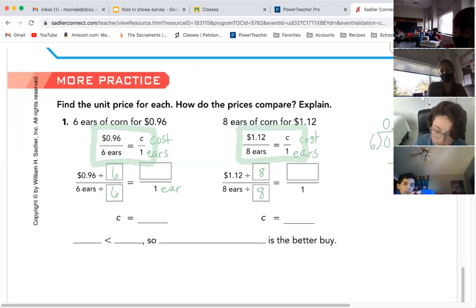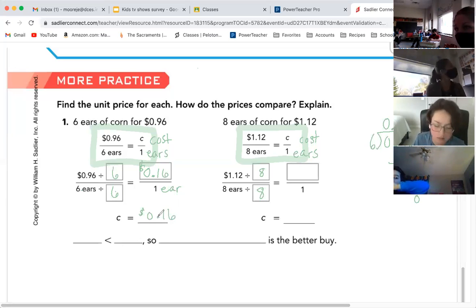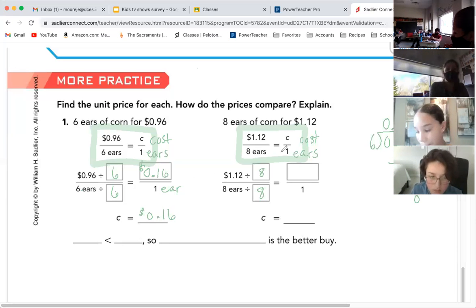Hey, there's no remainder, so that's good. There's no rounding here. So that means for 1 ear of corn in the 6-pack, how much are you spending per ear of corn? 16 cents. Thank you.